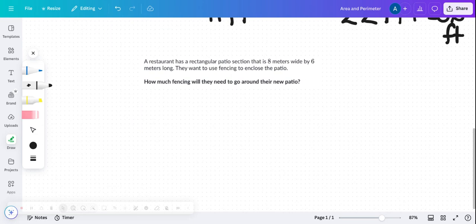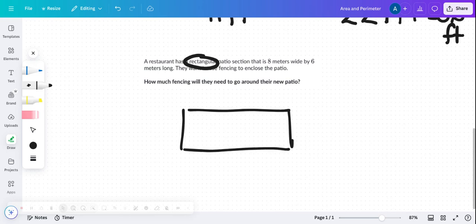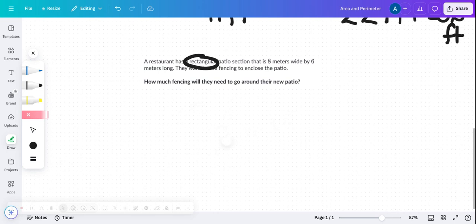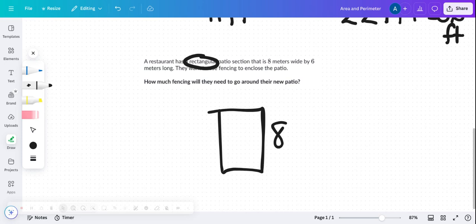Well, in the problem, it says that it's rectangular, so that gives me a clue at what to draw. It says that it's 8 meters wide by 6 meters long. Okay, so when I'm drawing my shape, that tells me it's going to look like this.